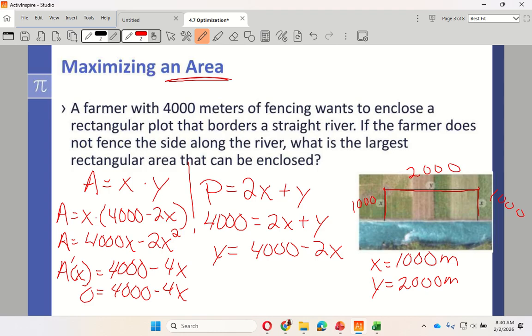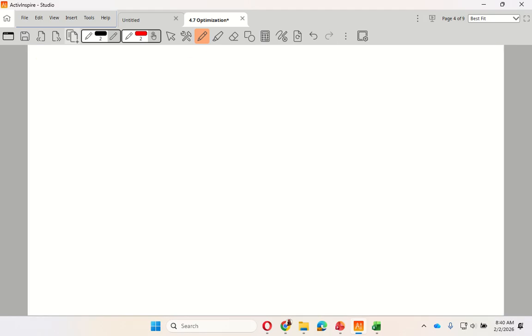and let's go back to the question. Now that I solved for everything, what is the largest rectangular area that can be enclosed? So my area is equal to my x value, which was 1,000, times my y value, which is 2,000.